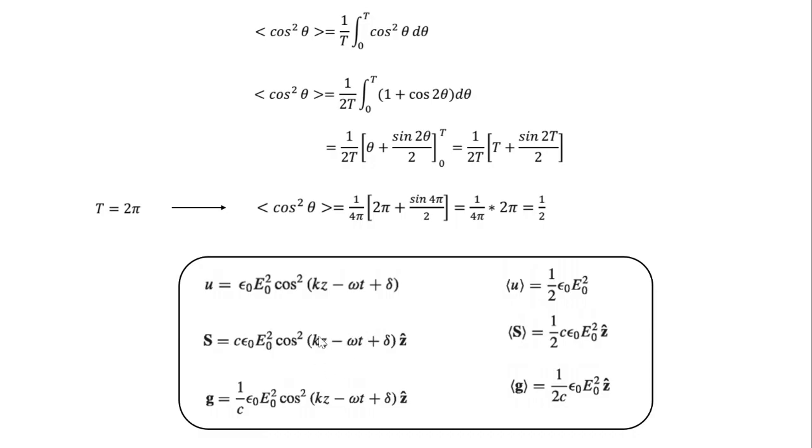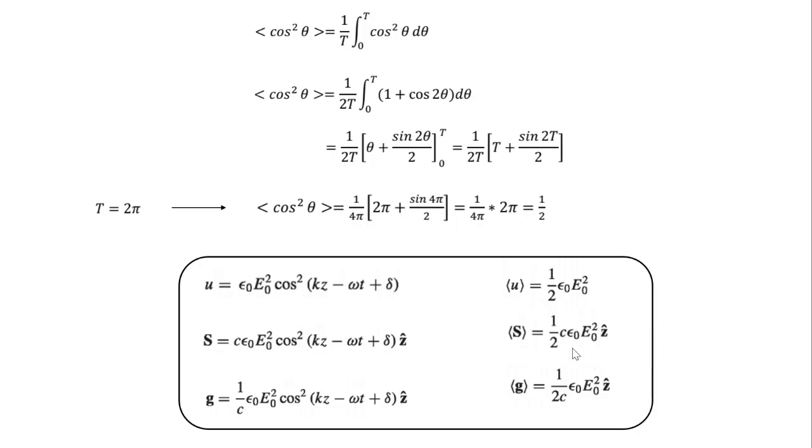The average value, once again, the cos square term contributes half, so it becomes half c epsilon naught E naught square z cap. Similarly, the average value of momentum density is 1 over 2c epsilon naught E naught square z cap. So remember, when you make a measurement, what you are going to measure is the average values and not the instantaneous values.